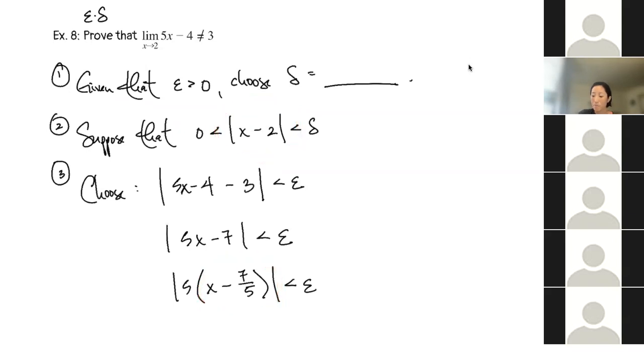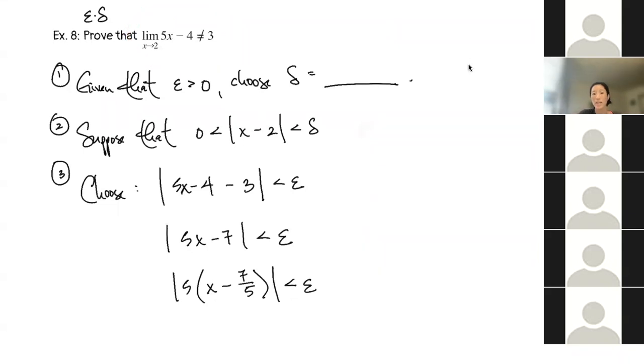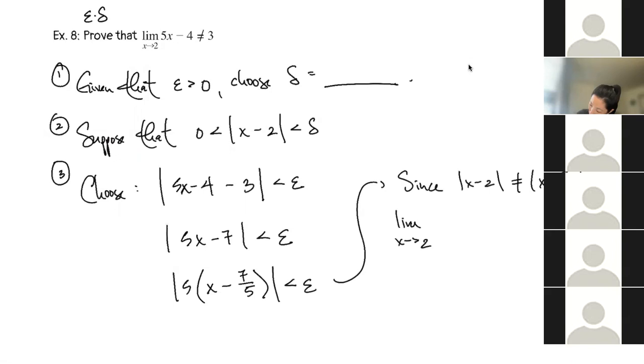Okay. So if you've done your work, you know the statement is false, it's okay if that thing in the parentheses doesn't match your delta, okay? All this means is since x minus 2 is not equivalent to x minus 7/5, the limit as x approaches 2 of that function is not equal to 3.